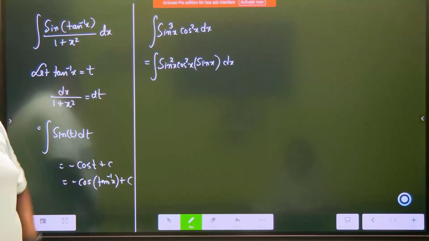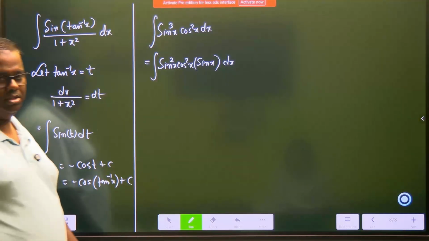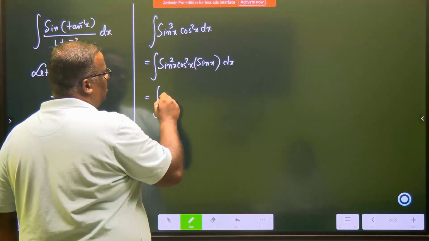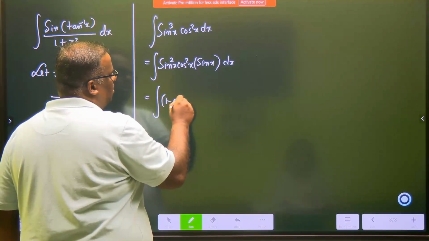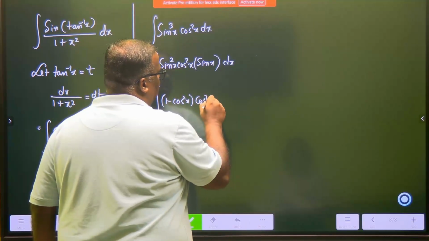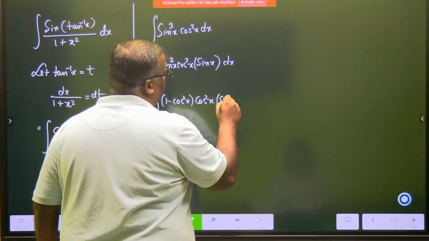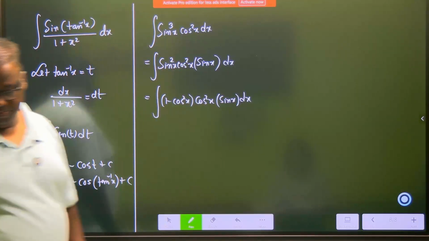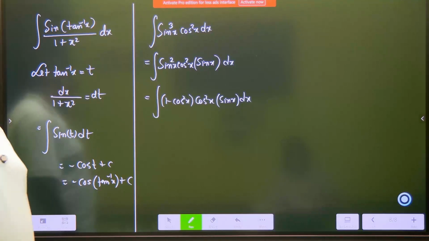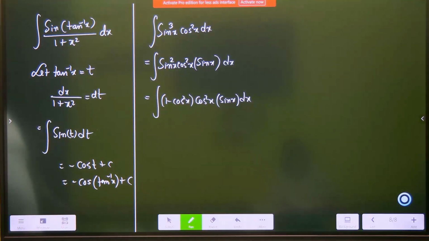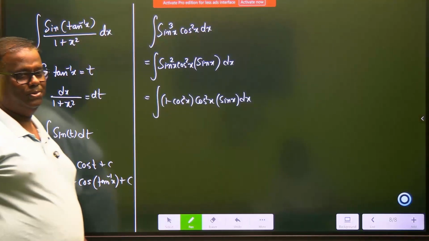Are you fine with this format? This much is okay. 1 minus cos square x. Actually, according to me, the problem is done now.